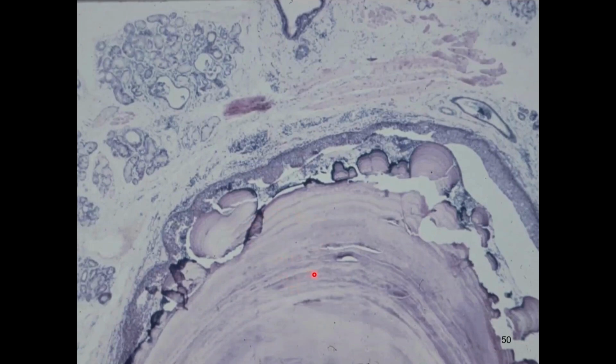Now, this is the histological picture or the photomicrograph. So here we can observe the stone as such. This is the ductal epithelium. The full duct is occupied by the stone, so here we get a full obstruction.